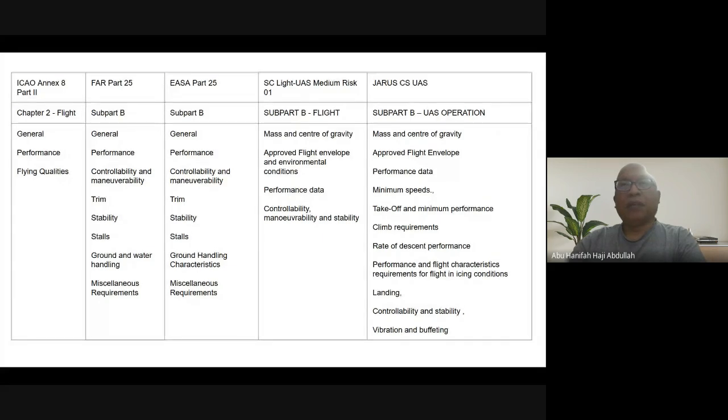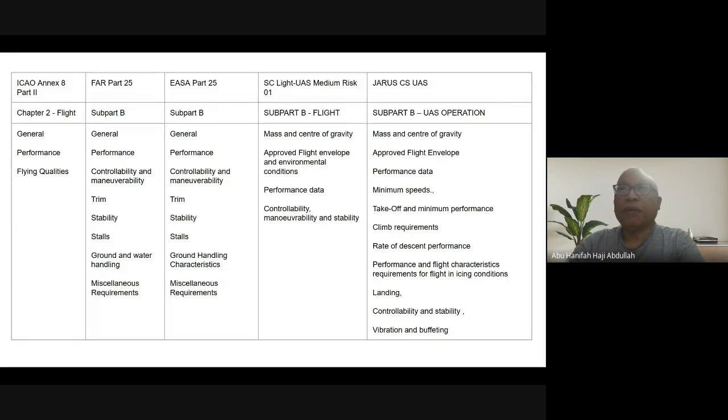They call it ground handling characteristic, but Part 25 also cover ground and water. And then there is miscellaneous requirement. So that is for Part 25, which is large transport aircraft.